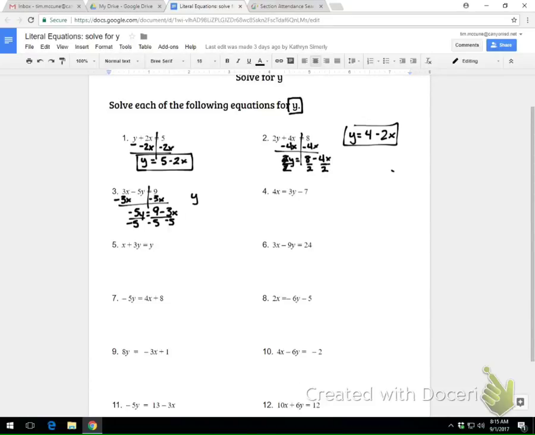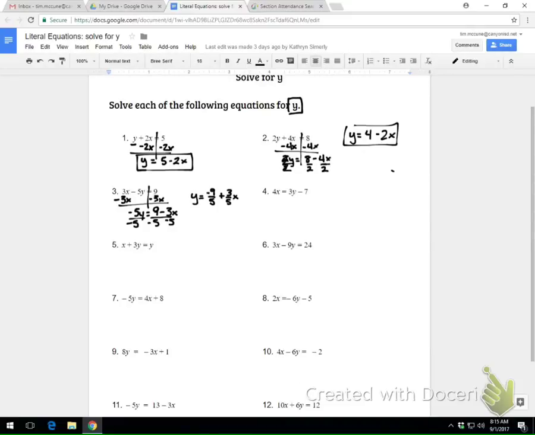And you get y equals. Now if you type in 9 divided by negative 5 in your calculator and just push enter, don't push control enter, just enter, what does it give you? Negative 9 over 5. And if you do negative 3 over negative 5 in your calculator, it's just positive 3 over 5x.